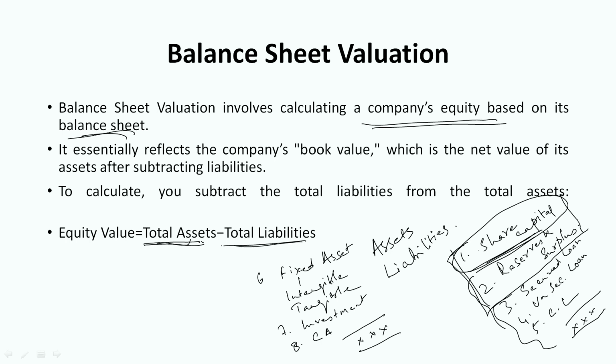We consider the first two schedules to be part of shareholders' funds, because this money belongs to the shareholders, reserves and surplus belong to the shareholders, and the shareholders' fund can be identified by deducting your total liabilities from total assets, and this is called your equity value. So, this is how valuation is done using the balance sheet.